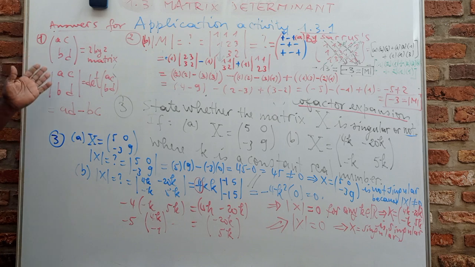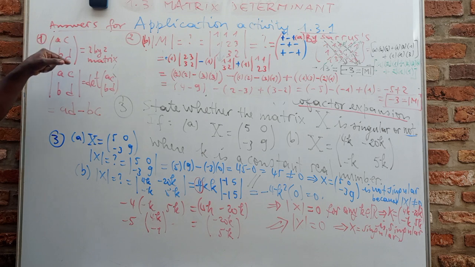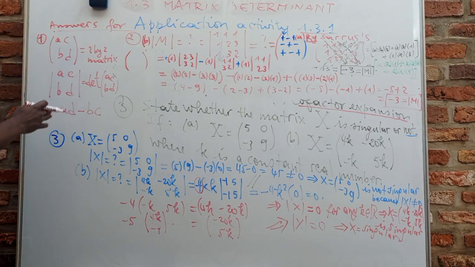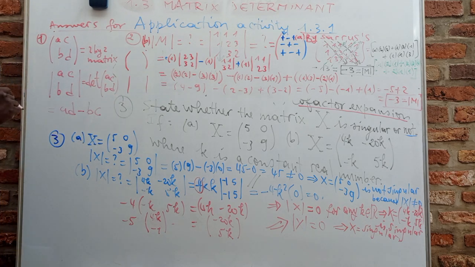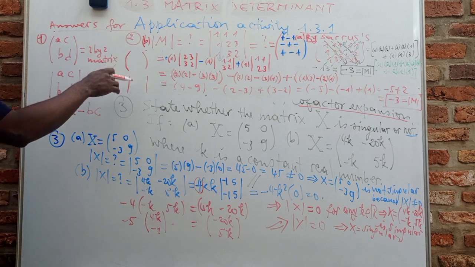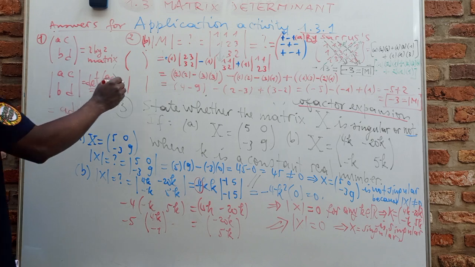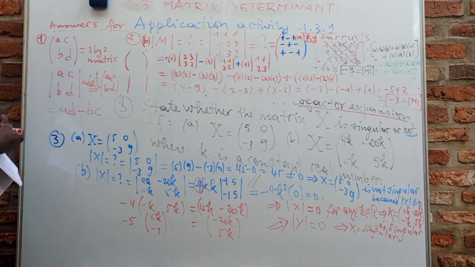It was a question of notation because usually matrices are written in round brackets like this, whereas determinants are written in vertical bars like absolute value, but actually they are not absolute value. It is just a notation to denote the determinant as we did here. So that was question number one.